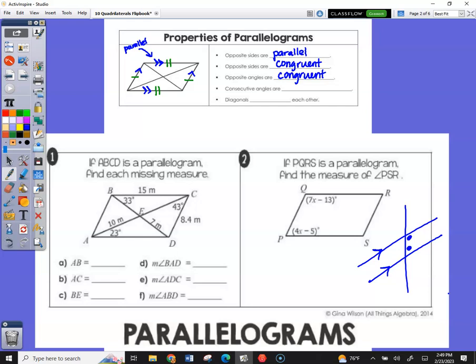They were the only ones that add to 180. And it was because one of them's always acute and one's obtuse, so they're not equal to each other. They add to 180. Same thing here. So consecutive angles are supplementary. If you need to put a refresher right there, put 180.